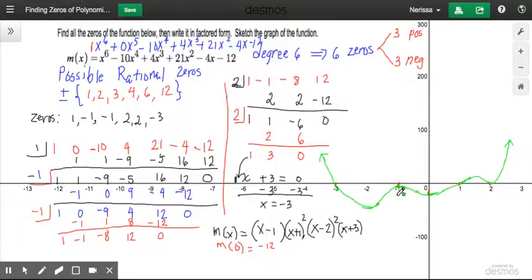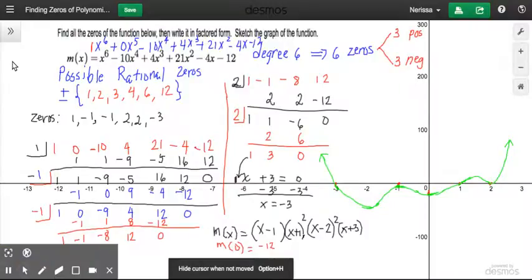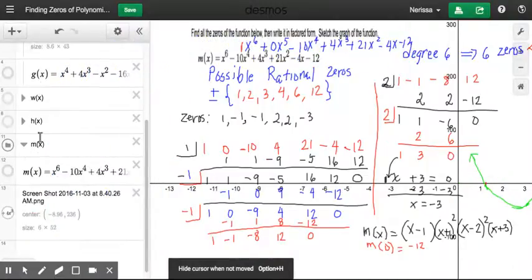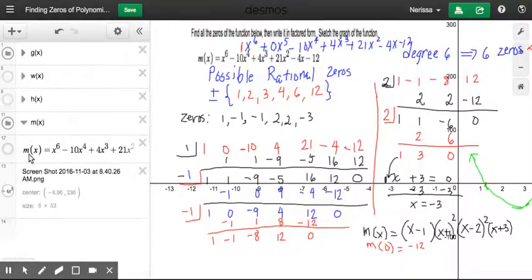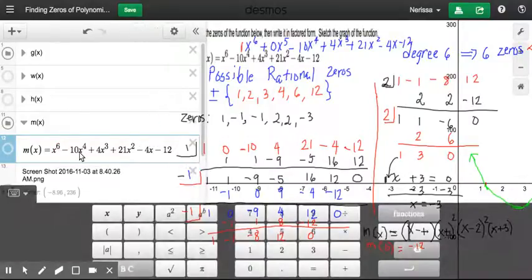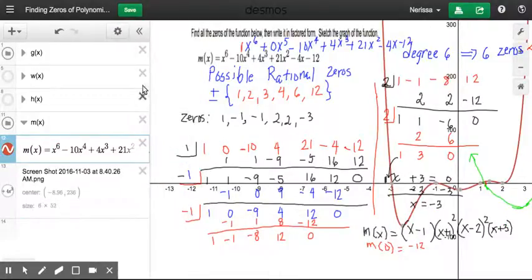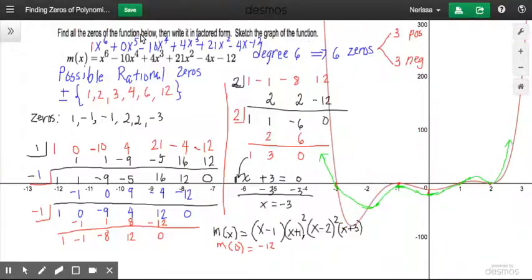Okay, so let's check our graph. Let me just hide this. Okay, this is the graph. This is the equation, m of x. Okay, and then we click on this, and there's the graph. Let's hide this. And our graph went through all those x-intercepts.